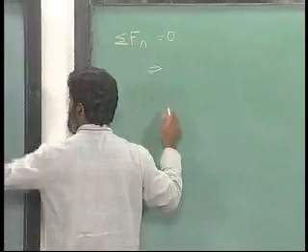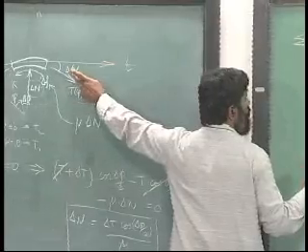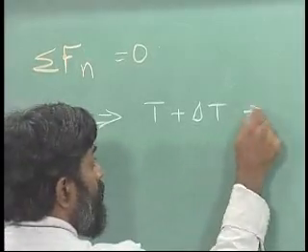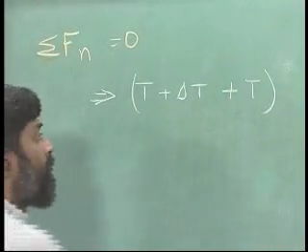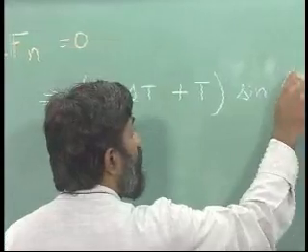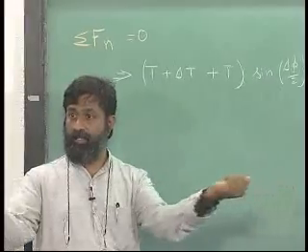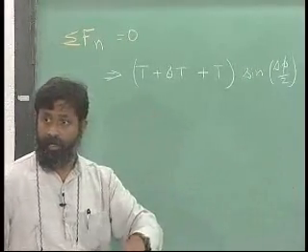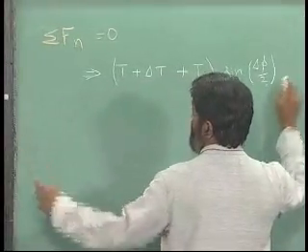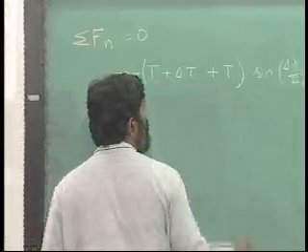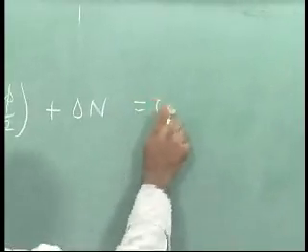This implies we have T plus delta T times sin delta phi by 2 minus T, is it minus or plus? The answer is plus, sin delta phi by 2. So, we have written the components of the tensions. What remains is the normal, which directly acts on it. This direction is negative due to tension, and the other one is positive, plus delta n is equal to 0.